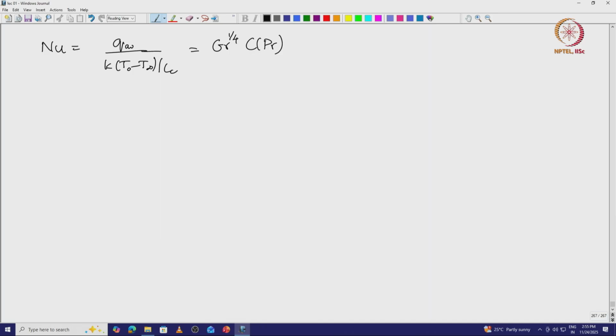So, we have got the correlation down to some function of the Prandtl number times the Grashof number to the 1/4. Can we say something more than that?